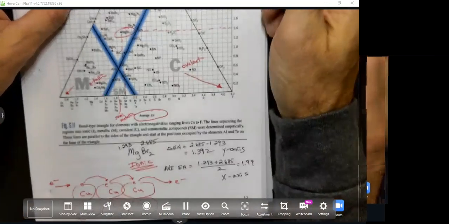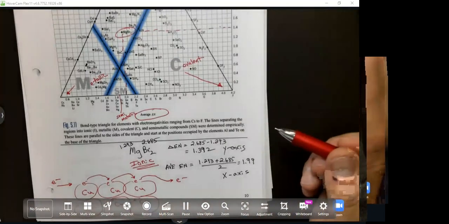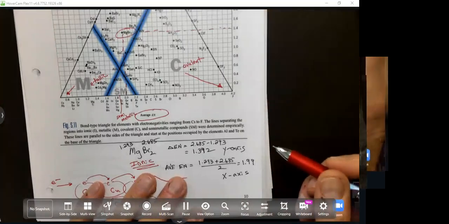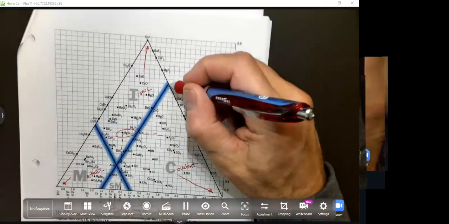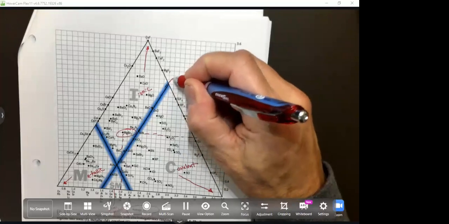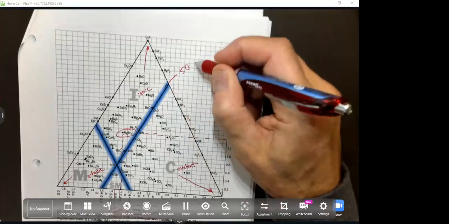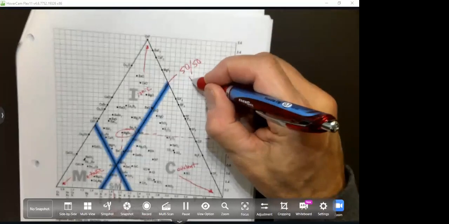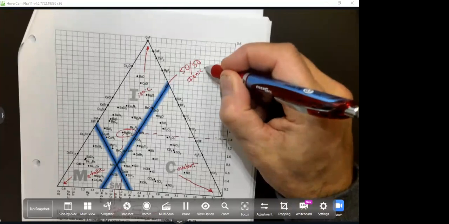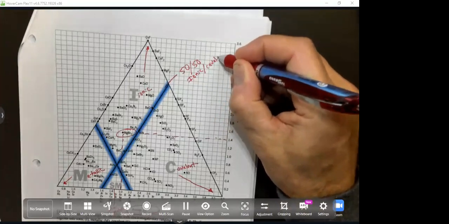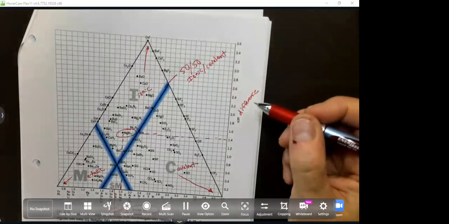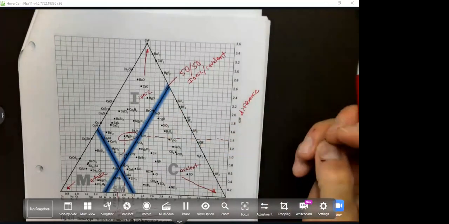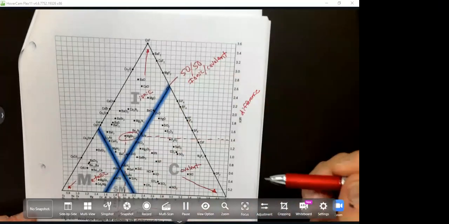So again, this adds another value to it. It's not just the electronegativity difference, because that's not very accurate. If you end up on this line, that's about 50-50 ionic and covalent. So if you end up on the line, you're about 50-50.